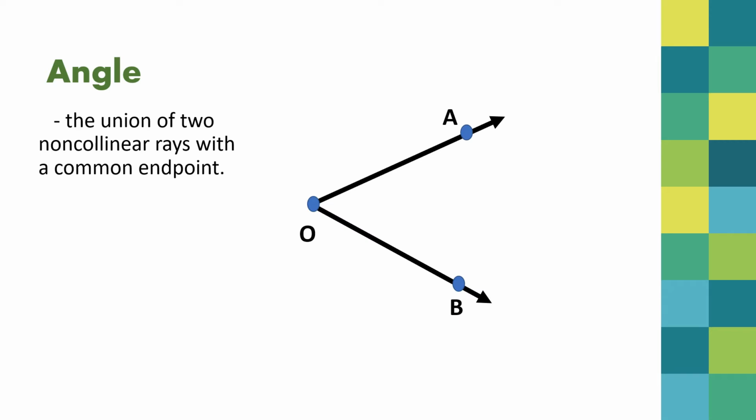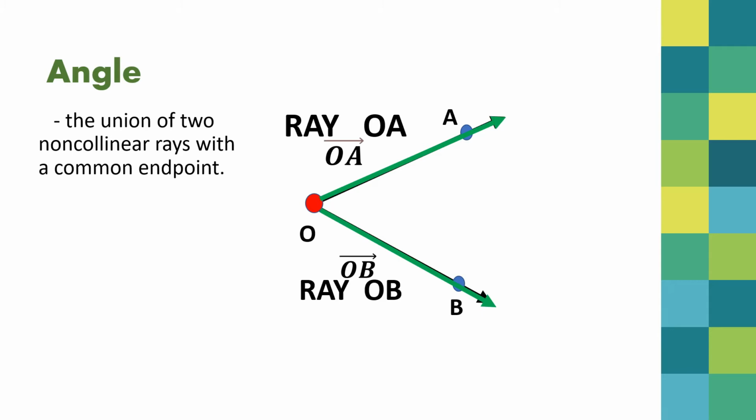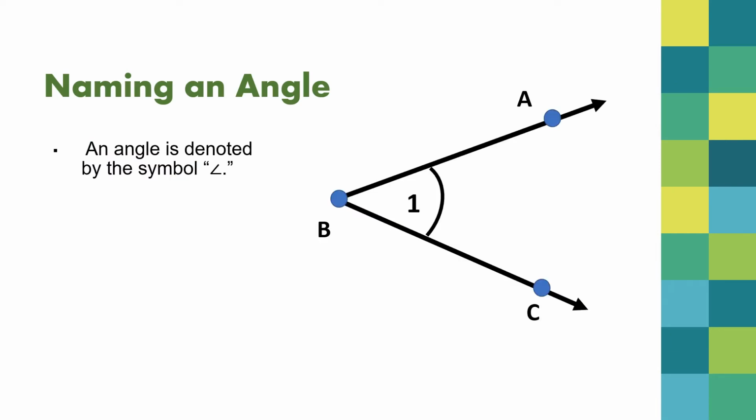In the figure at the right, ray OA and ray OB are the two sides, and point O is the vertex. An angle is denoted by the symbol like this, and it can be named in different ways using numbers or letters.